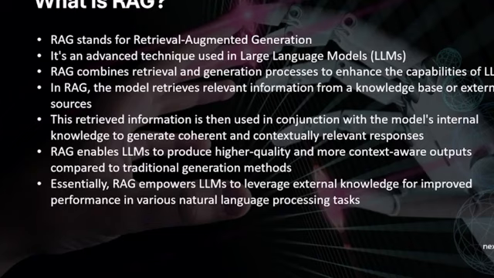RAG enables large language models to produce higher quality and more context-aware outputs compared to traditional generation methods. Obviously, because the model is answering based on that specific data. Essentially, RAG empowers large language models to leverage external knowledge for improved performance in various natural language processing tasks.